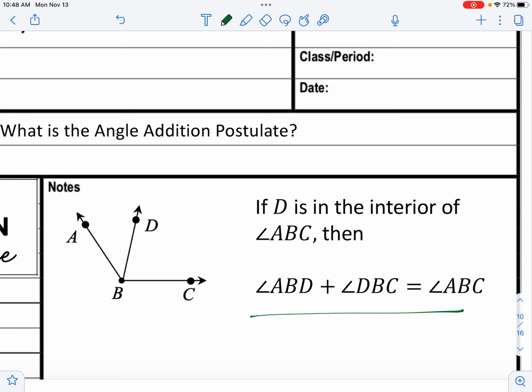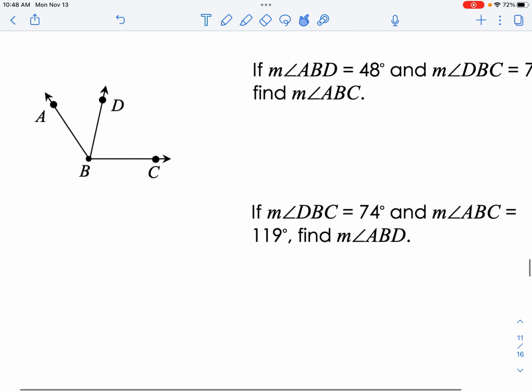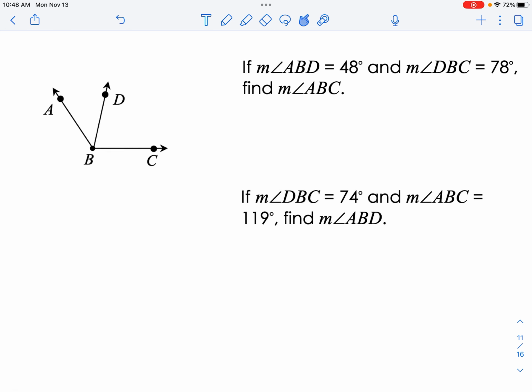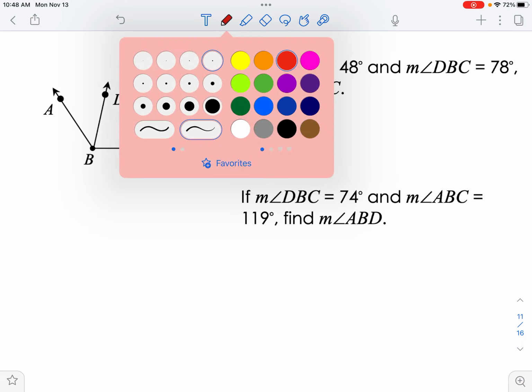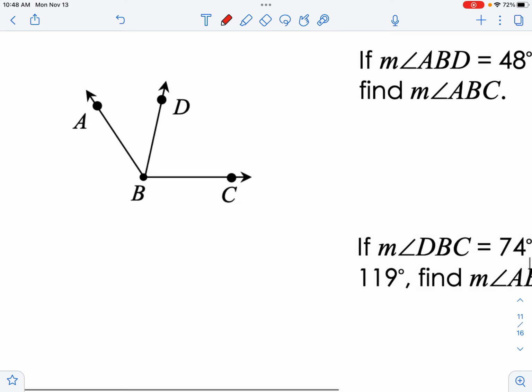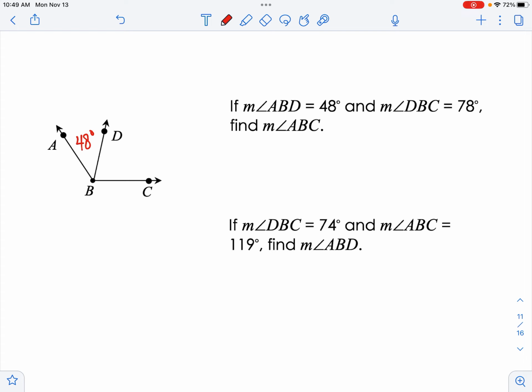So let's take a look at how this might apply. Let's start with a simpler version, and then we'll get into ones that are a little more complicated. If angle ABD is 48 degrees and angle DBC is 78, then what is angle ABC?